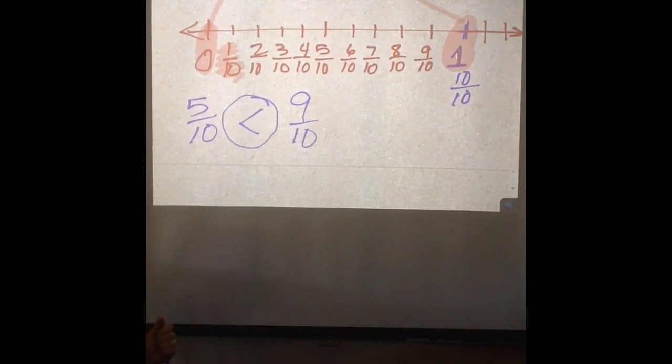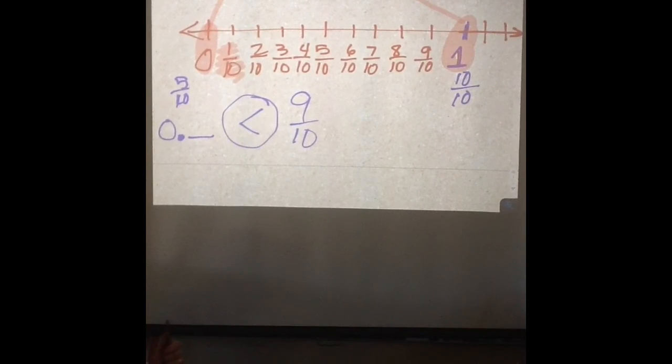Could you write these in decimals for me? Remember our decimals? Okay, we have our 0, then we have our decimal. What's the first place on the right side of the decimal? Tenths. So what would I put in that space?